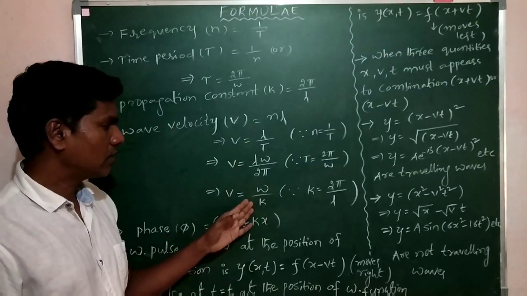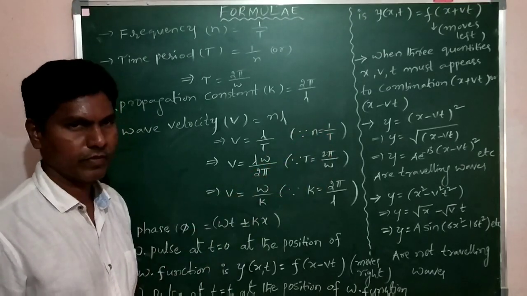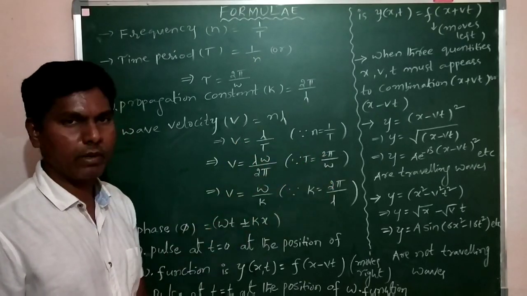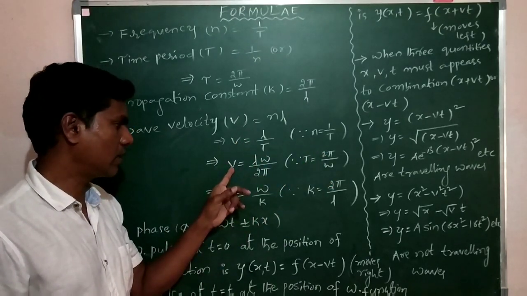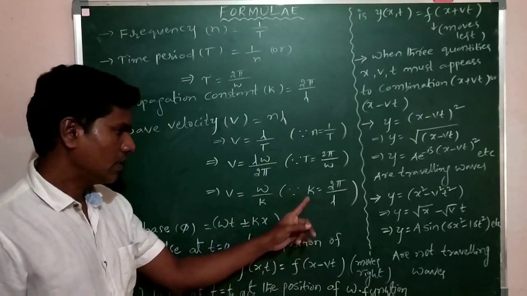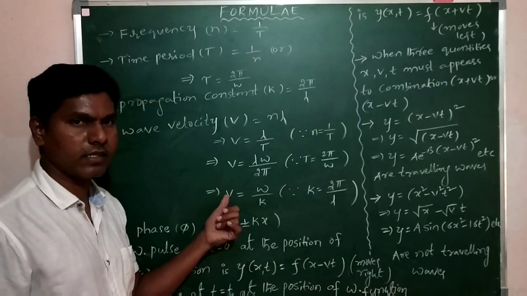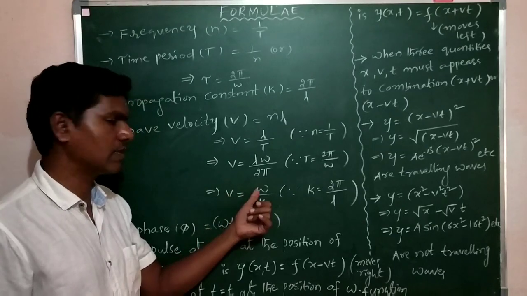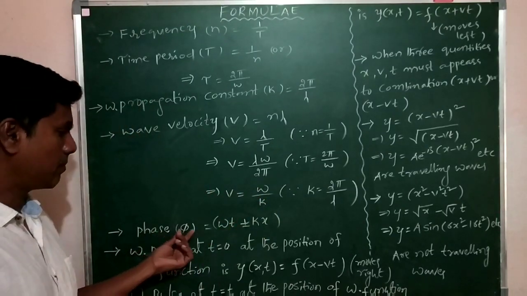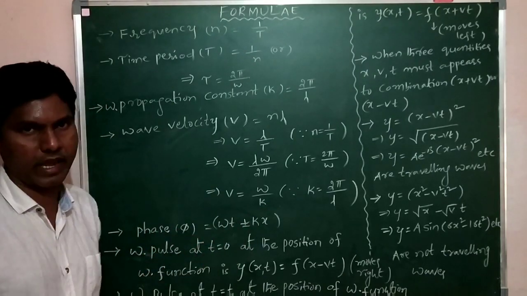Since n is equal to 1 by t, we can write this formula. Since t is equal to 2 pi by omega, we have written v is equal to lambda omega by 2 pi. Since k is equal to 2 pi by lambda, the wave velocity or speed v is equal to omega by k. Here the phase is represented by pi. Pi is equal to omega t plus or minus kx.